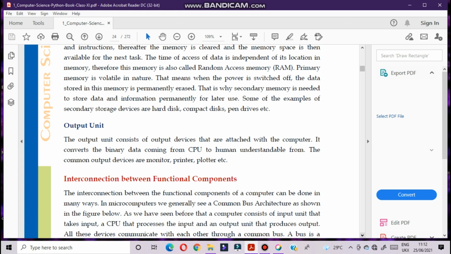Then after processing, again it converts binary to what? High level language. So that is why this line tells us it converts the binary data coming from the CPU to human understandable form. The common output devices are monitor, printer and plotter.